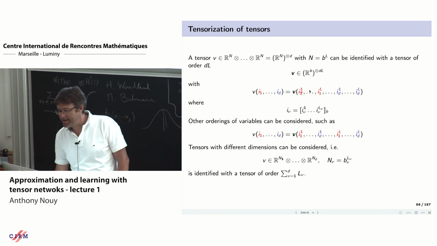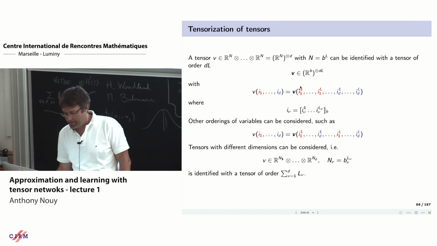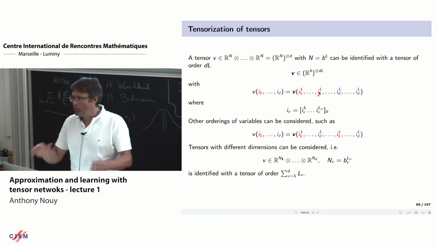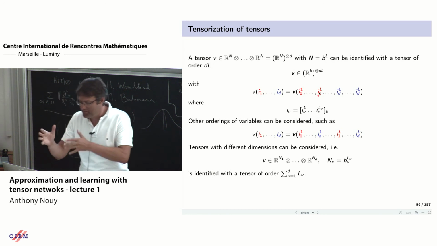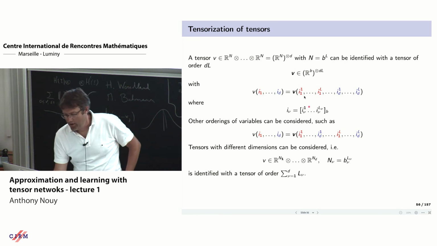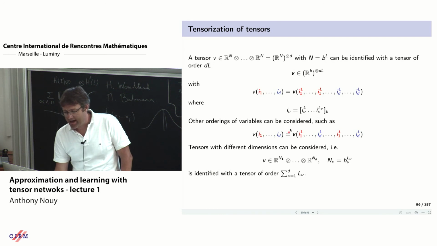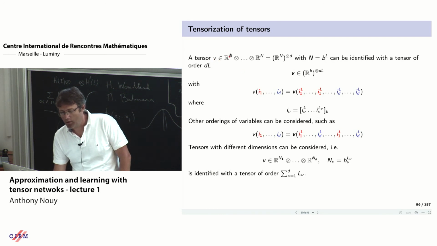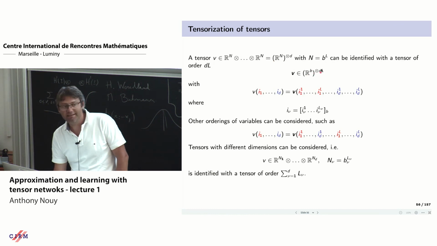I can organize the different digits of this representation in different ways, with different orderings. So there will be multiple ways to transform a tensor into a higher order tensor, but this is one particular way. And so I have transformed a tensor of order d into a tensor of order d times L.